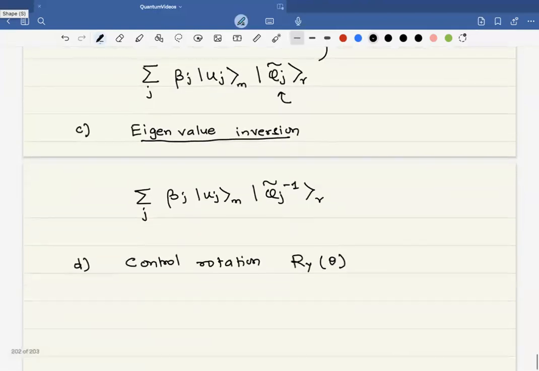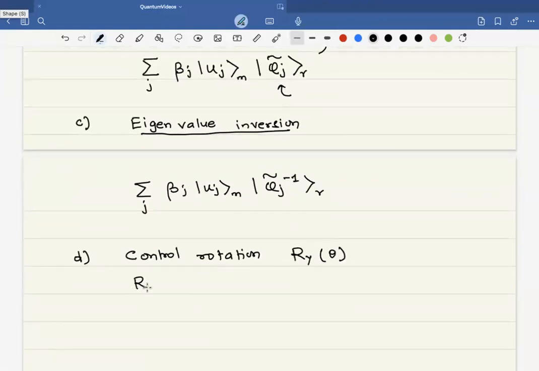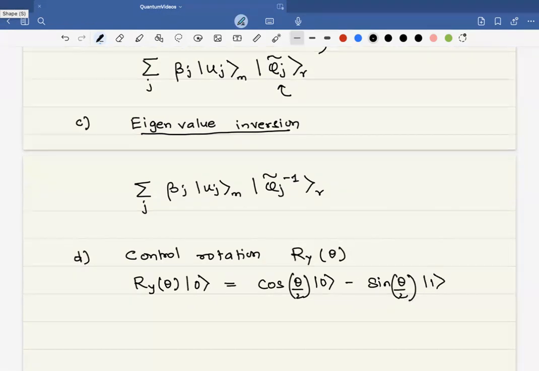So recall that the rotation Ry of theta applied to the 0 vector gives cos theta over 2 ket 0 minus sine theta over 2 ket 1.